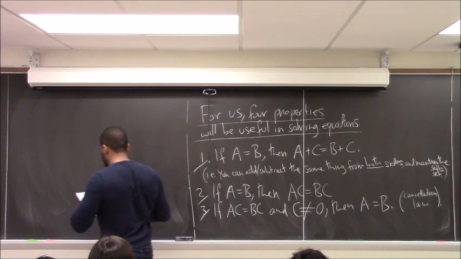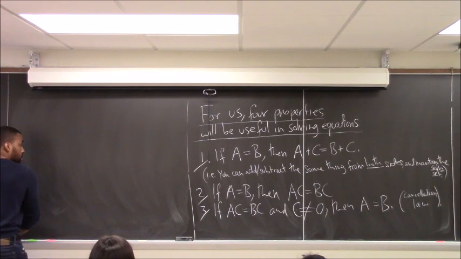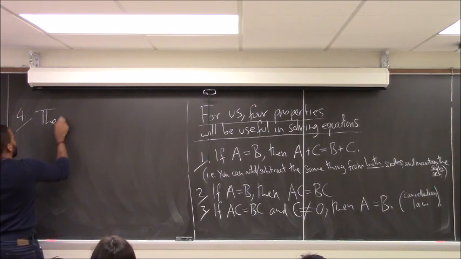And the last one, this is the one we're going to use a lot. It's going to be very, very useful, especially in the nonlinear case. And four, it's called the zero factor property.